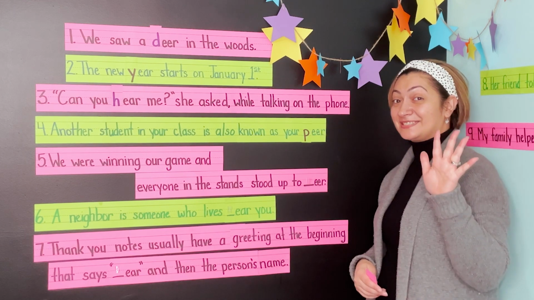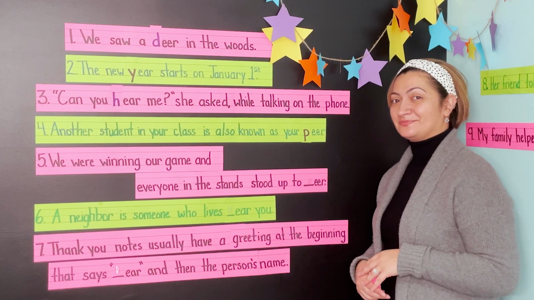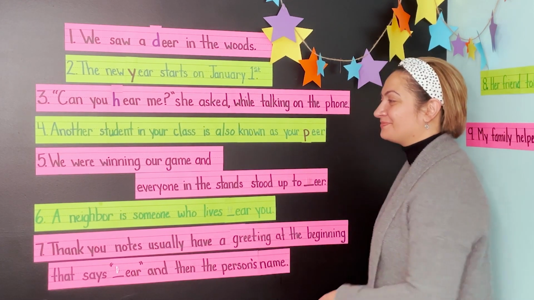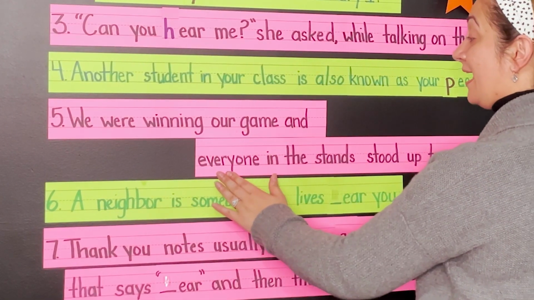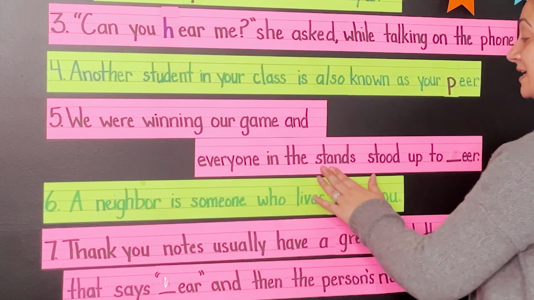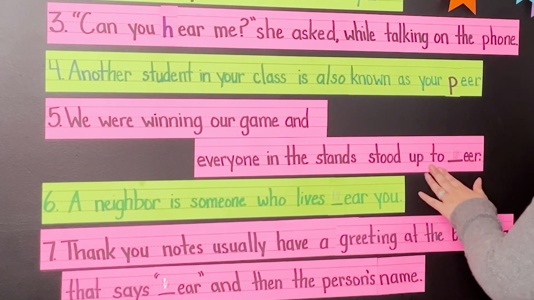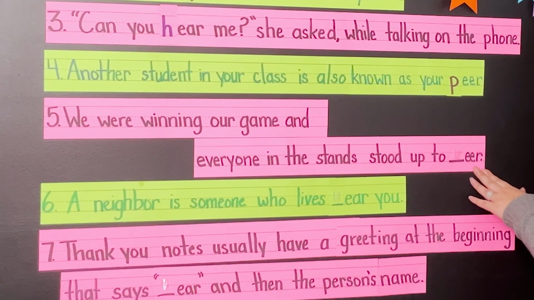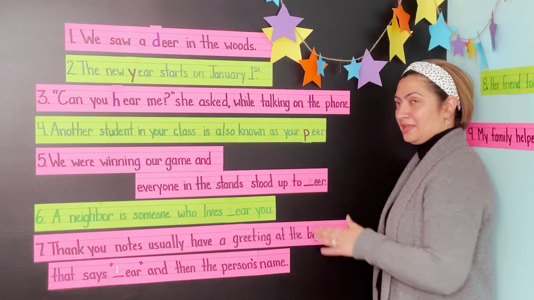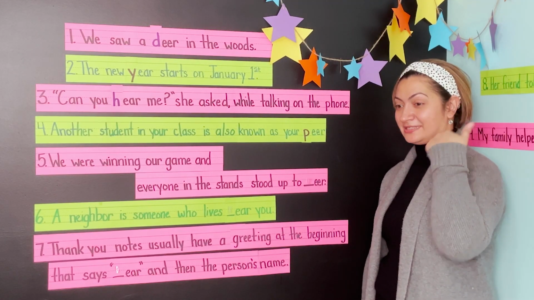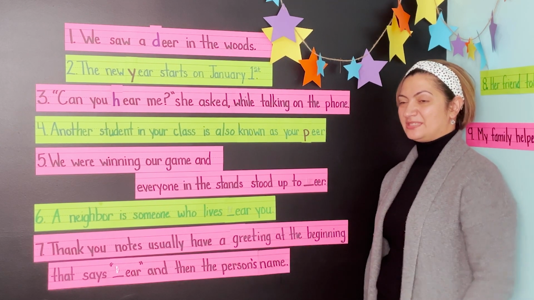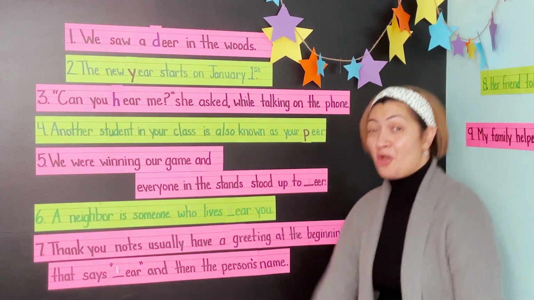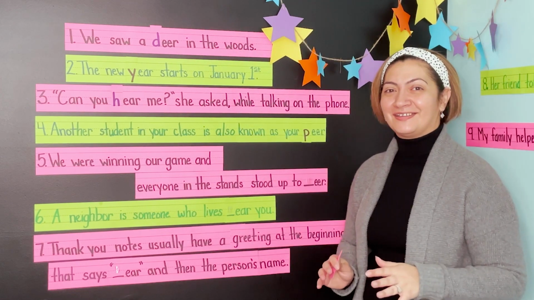Are you ready for sentence number 5? Let's go ahead. We were winning our game, and everyone in the stands stood up to... This is making me visualize something. I'm thinking about a basketball game. When everyone's in the stands, they all stand up and go, woo! What is that called?